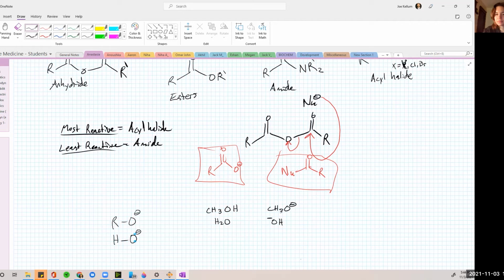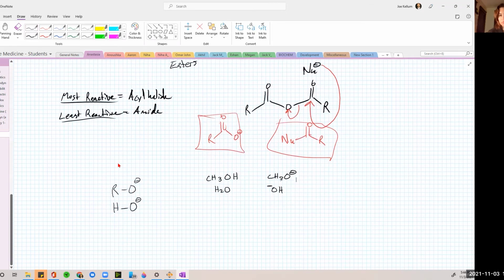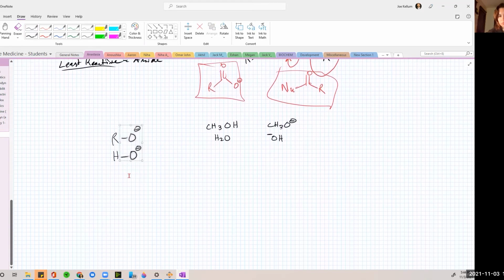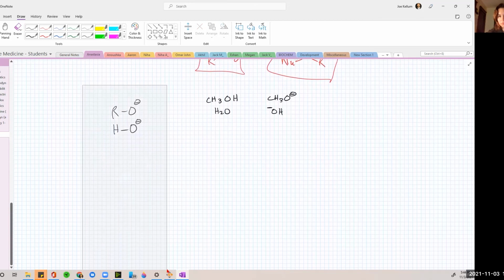Whereas the longer I make this carbon chain, the more electron donating it's going to be, which just increases the problem of having negative charge on that oxygen. So that's why I'm saying maybe a little bit more. But in terms of ester versus carboxylic acid, it doesn't matter that much, though I could definitely see them making that a right answer to a question where you have to make that decision, just because they're assholes whenever they write this test.